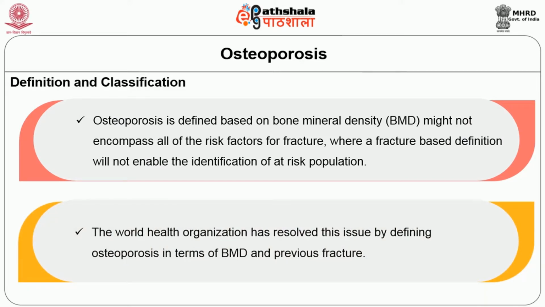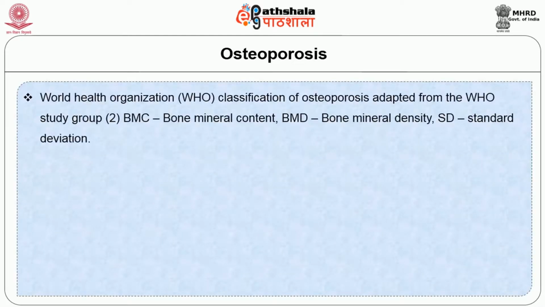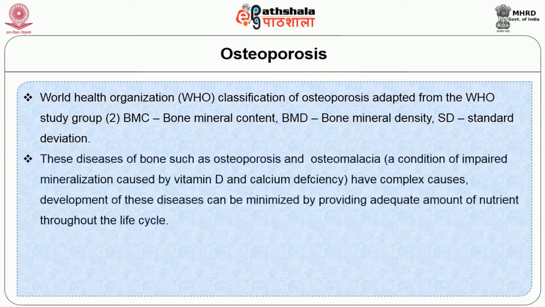WHO has resolved this issue by defining osteoporosis in terms of BMD and previous fractures. WHO has classified osteoporosis based on BMC and BMD. You can see where the normal mean, the low bone mass and the osteoporosis mean are mentioned with regard to standard deviation.